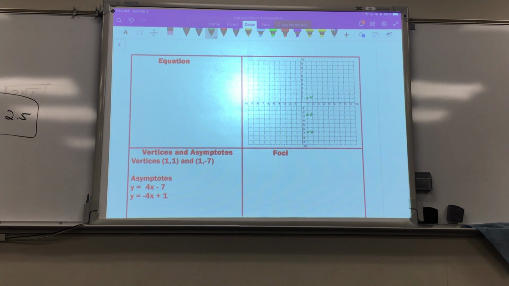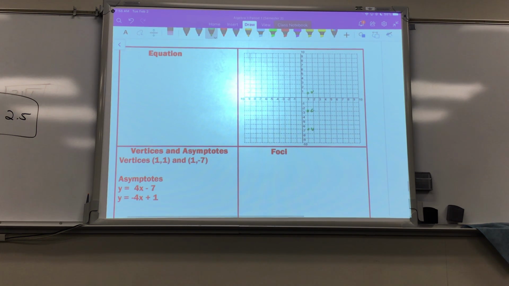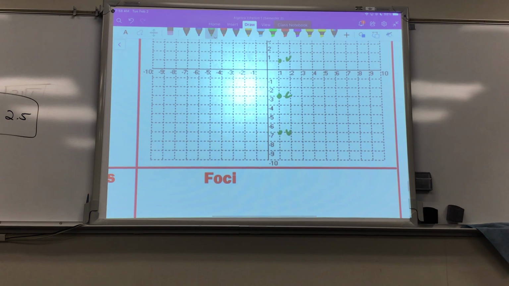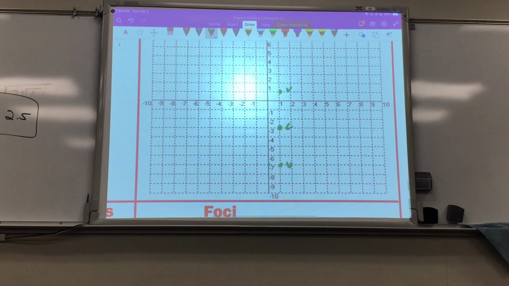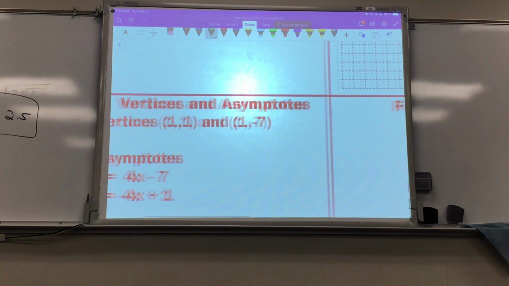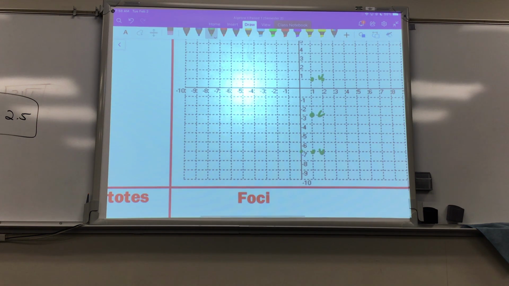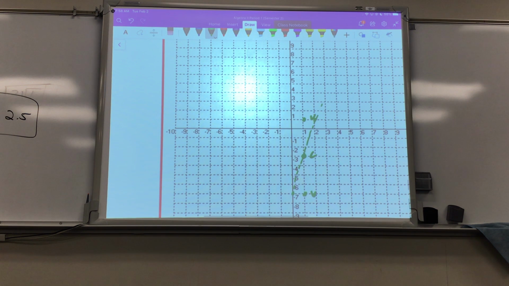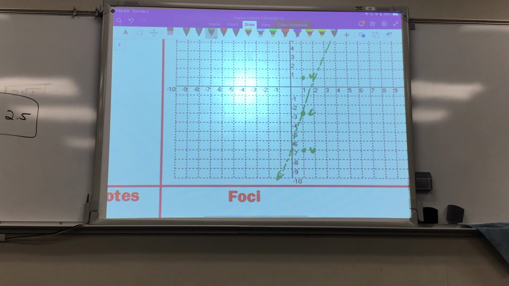So, when I plot that now, 4x minus 7, I got a y-intercept of negative 7, up 4 over 1, that puts us at the center, up 4 over 1. Okay, so negative 4x plus 1. So 1 is our y-intercept, slope is negative 4, so down 4, right 1, down 4, right 1.